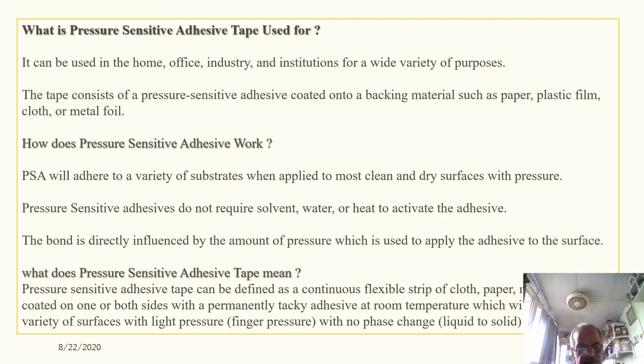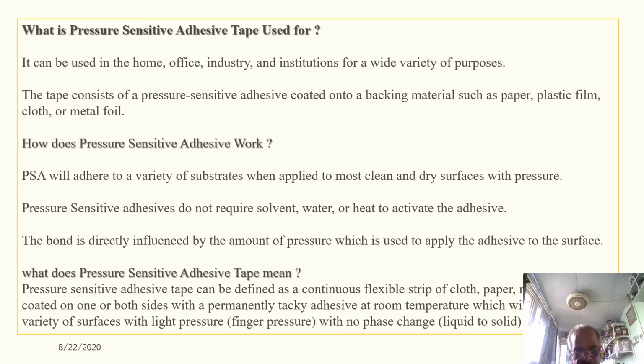What does pressure sensitive adhesive mean? PSA tape can be defined as a continuous, flexible strip of cloth, paper, foil, or foam coated on one side or both sides with a permanent tacky adhesive at room temperature.